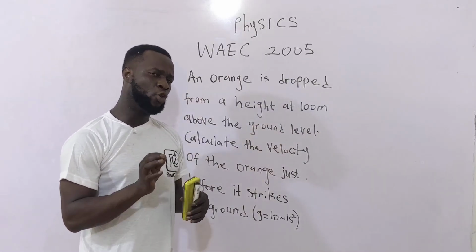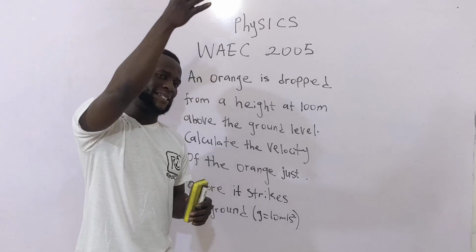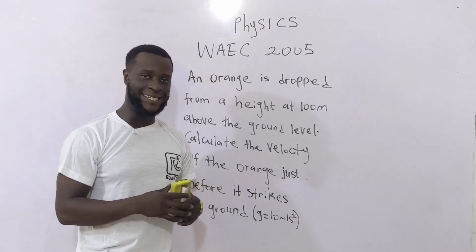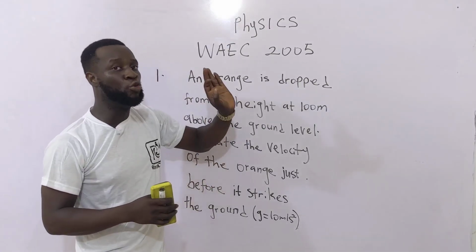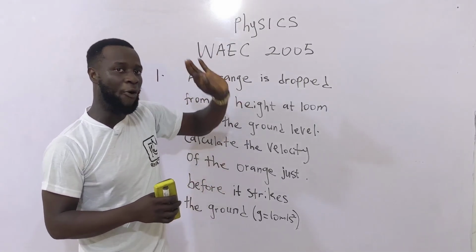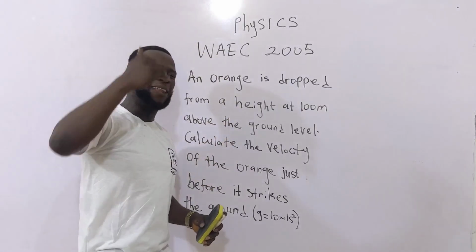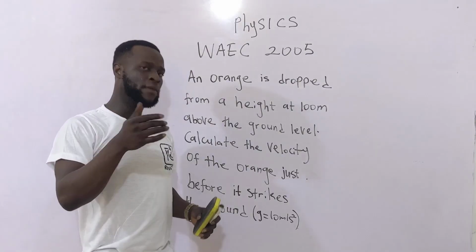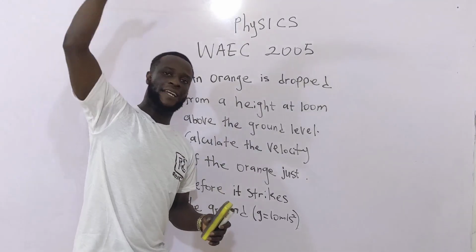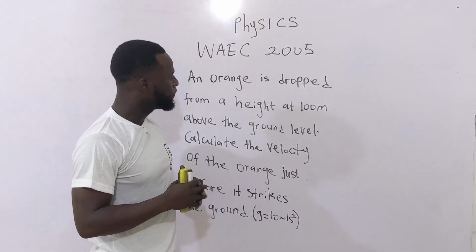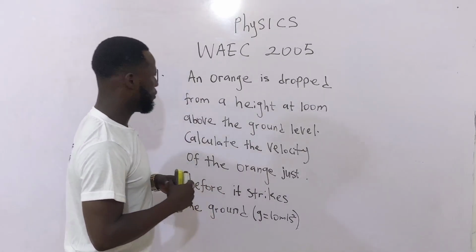Note that whenever a body is released from a certain height above the ground, if they say it is released or it falls from a certain height, then u, our initial velocity, will be equal to 0. However, if you throw it vertically upward and maximum height is mentioned, at maximum height, the final velocity is equal to 0. Now that we have that concept, let's look at the question.